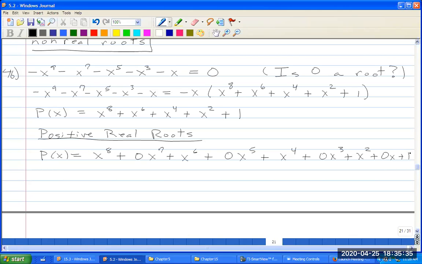If I look here, there are no sign changes. And so there are no positive real roots, which is good.